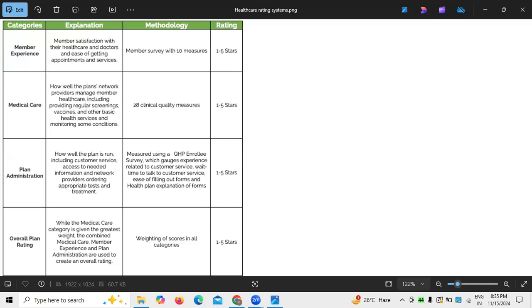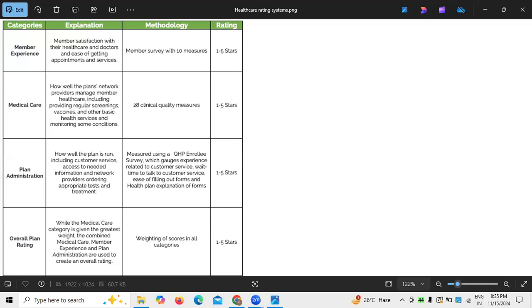Next is the overall plan rating, where, when medical care categories are given, we combine medical care, member experience, and plan administration to create the overall rating. All these things come under the overall plan rating.